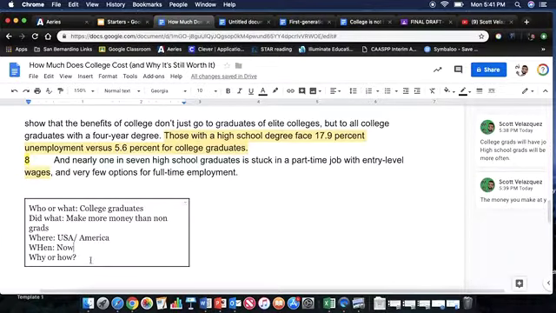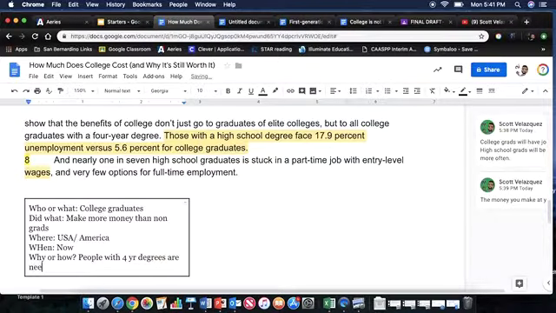And why or how is this happening? It's happening because people with 4-year degrees are needed more than only high school degrees.